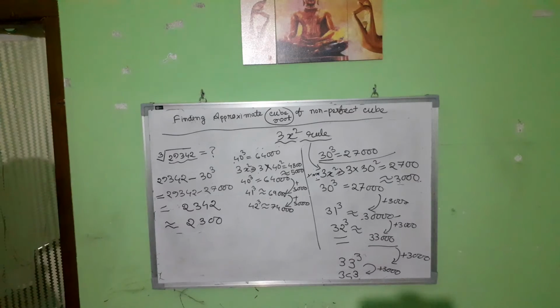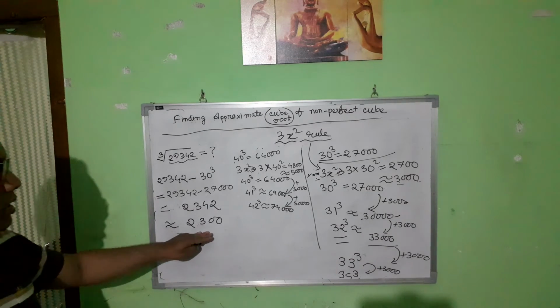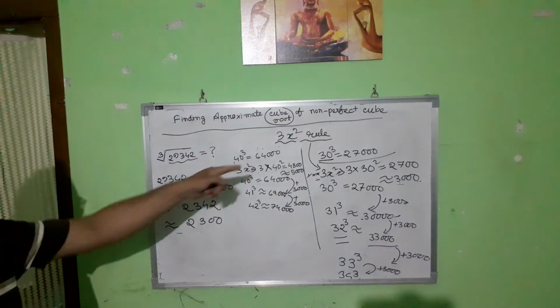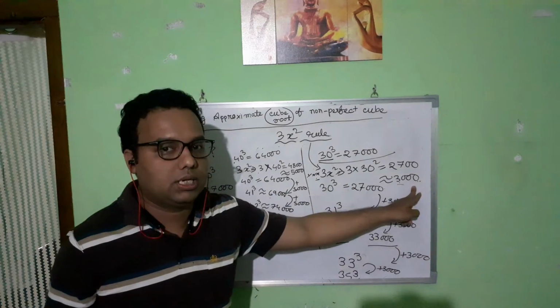And what do you understand? You need to find this 2300 from 3x squared. Now in case of 30 cube, 3x squared is 3000.